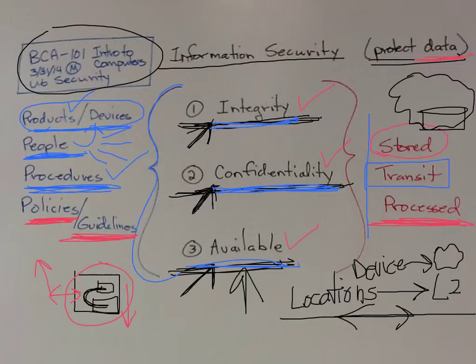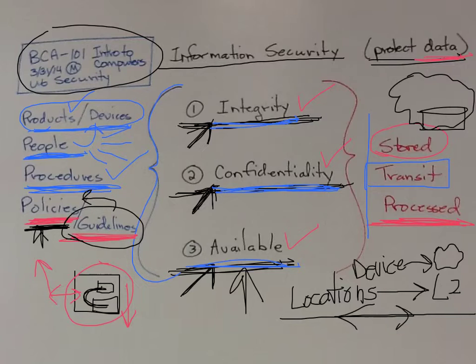So a place might have a policy that a password has to be a certain length, and the computer can enforce that policy. Then they could have a guideline that says you ought to change your password every month, but they don't force you to do it. So it's not a policy, it's just a guideline for what you should do.